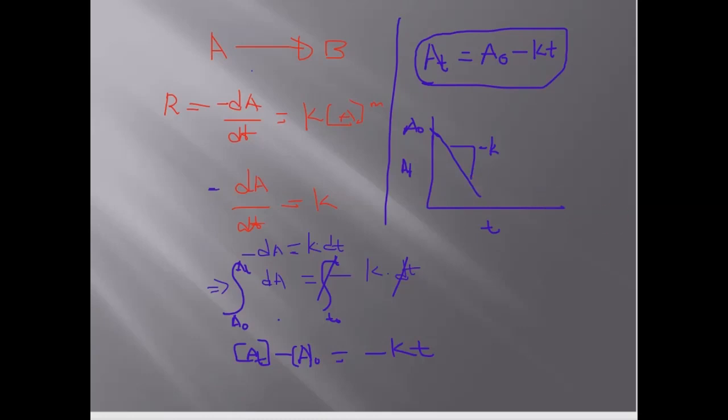Let's continue for a first order reaction. So for a first order reaction, you must get the dA over dt to be equal to what? k into bracket A. So that's how it looks like for a first order reaction, where the power here is 1, you can choose to ignore.